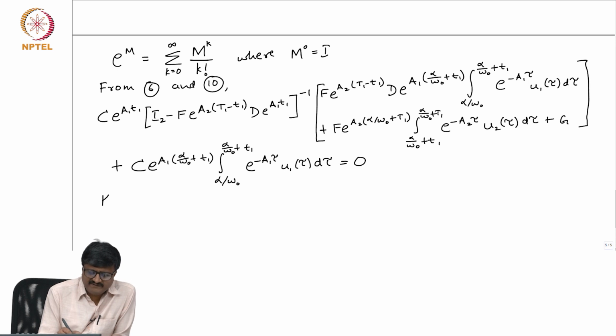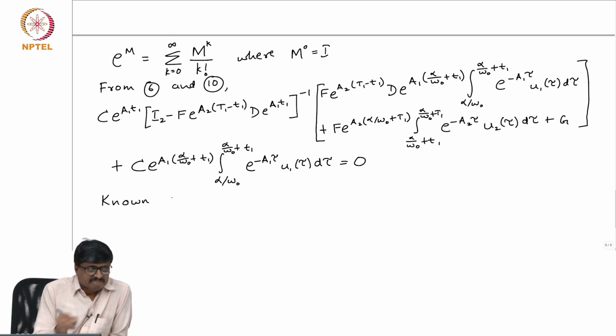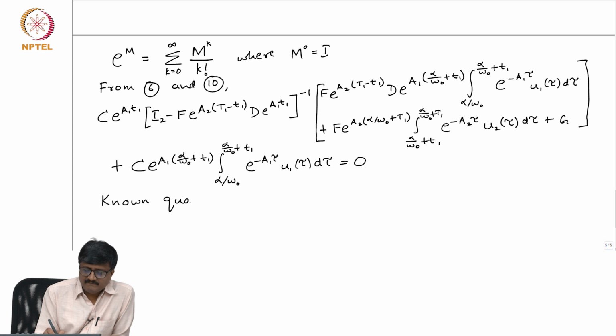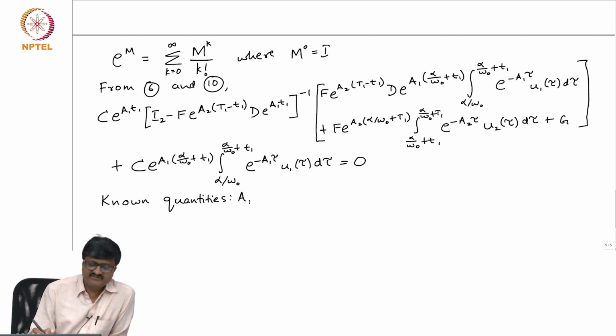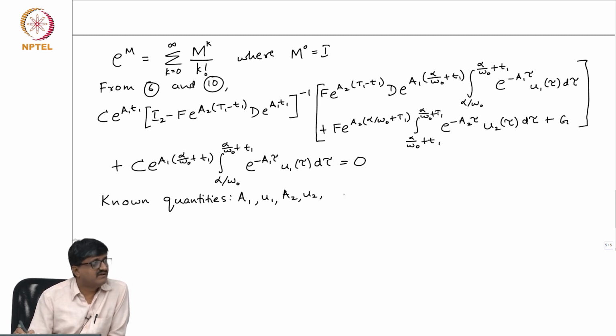What are the known quantities? Let us start with the differential equation first. If you take the first order differential equation, what is known there? A1 is known, U1 is known, because you know the voltage source or current source. Then A2 is known, U2 is known, C is known.